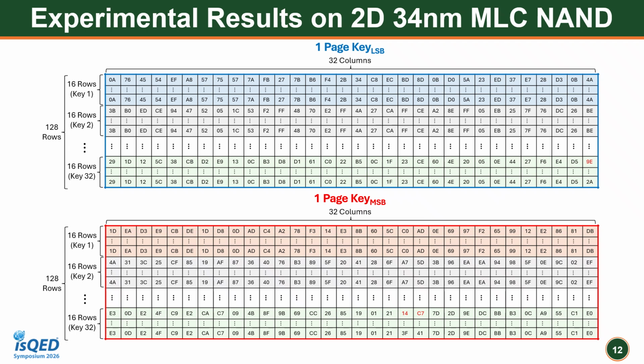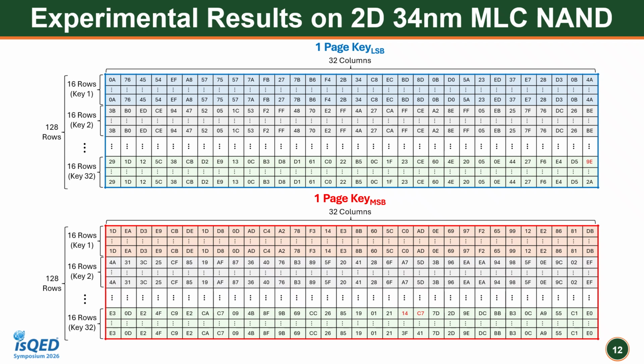And you can see here that the behavior of the scrambling keys is different from the 3D NAND, because now 32 bytes begin and then are repeated 16 times, like you can see in 16 rows, and then a new 32 bytes begin and are repeated for another 32 rows.